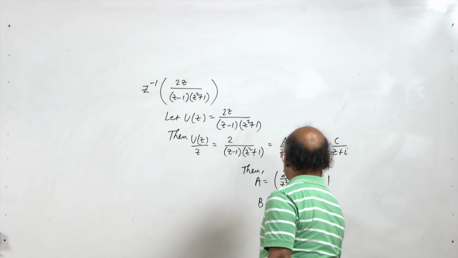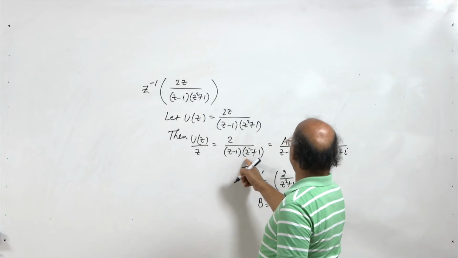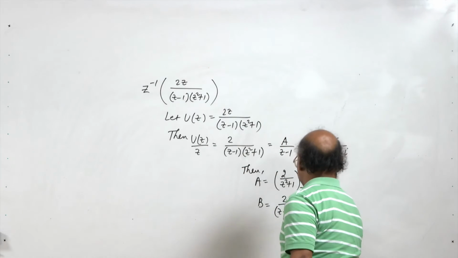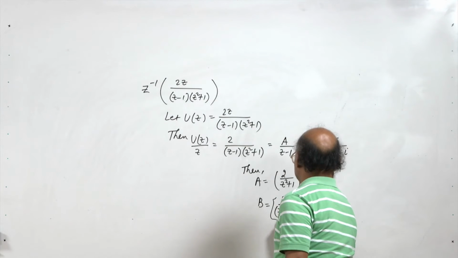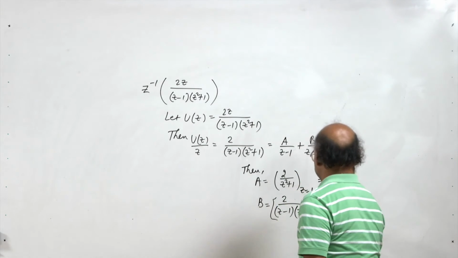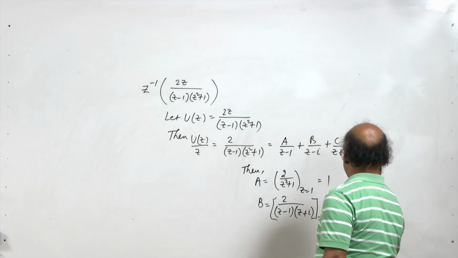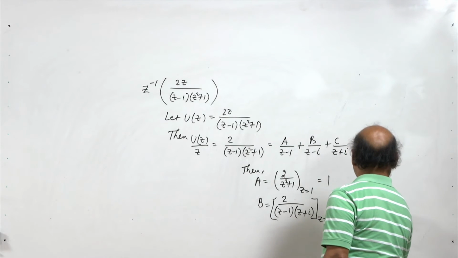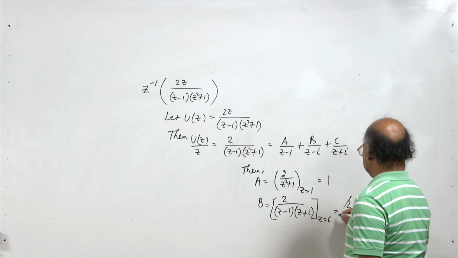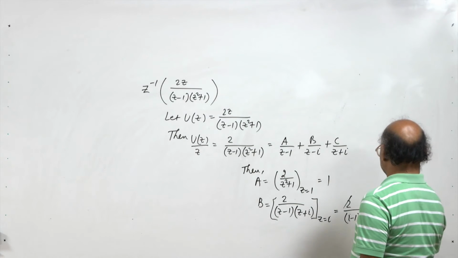So, 2 over (z minus 1), leaving z minus i, and z plus i we will take, evaluated at z equal to i. This will give you 2 over (i minus 1) into 2i. So, we shall get this 2 will cancel with this 2, and we shall get i square, which is minus 1. So, minus 1 minus i.